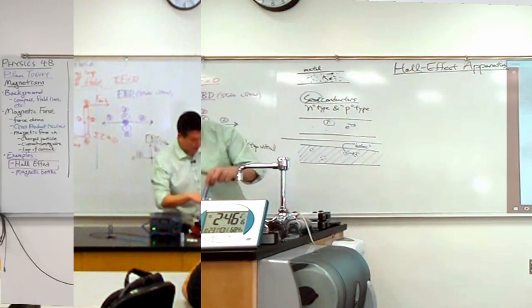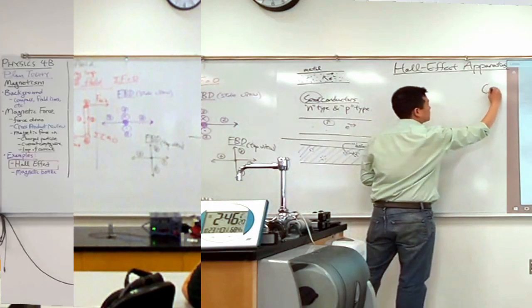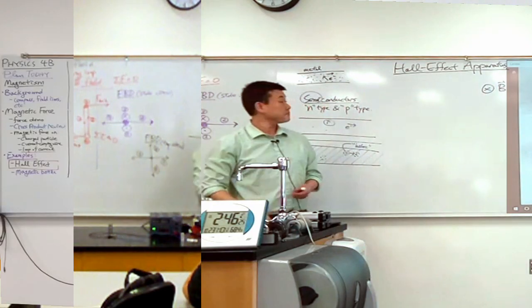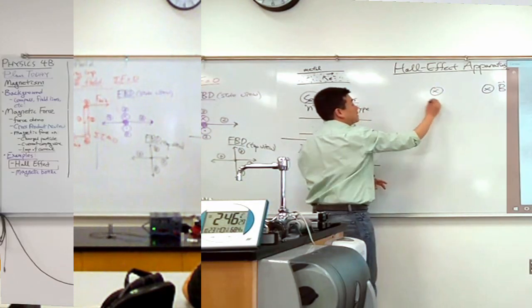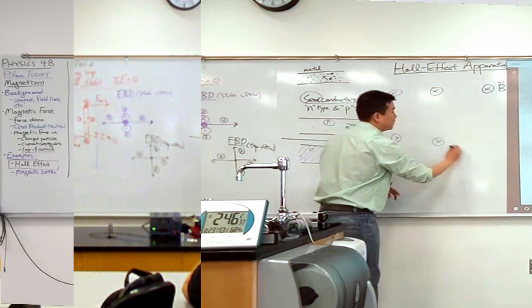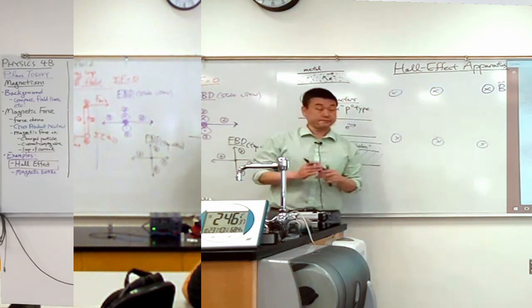So I'll say my magnetic field, which I've been drawing in blue, is pointed into the board. I'm just going to draw a few of these here, but you should really imagine the entire space as being filled with a uniform magnetic field that's pointing into the board.